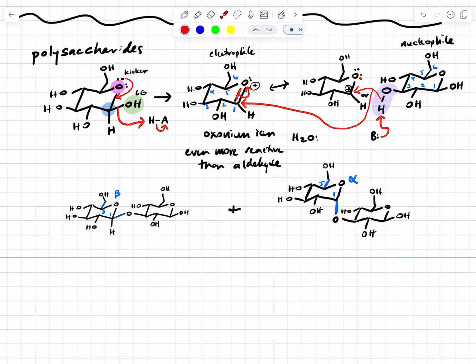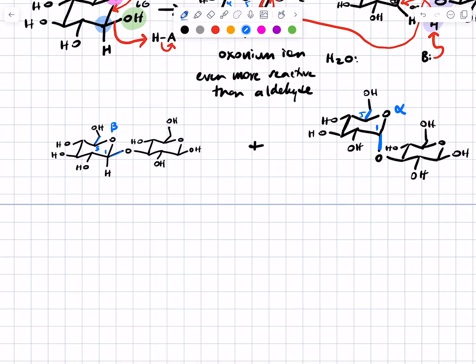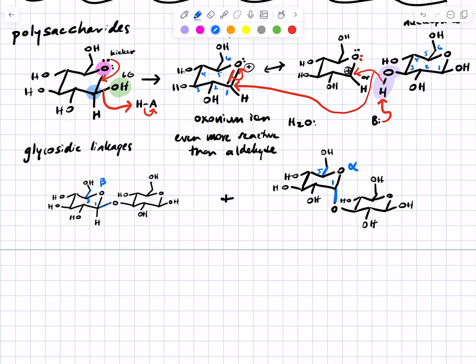And so in sugar caramelization, you end up with an uncontrolled mixture of linkages between sugar molecules. The linkages that we have just talked about are called glycosidic linkages. And they always involve what used to be the hemiacetal carbon.